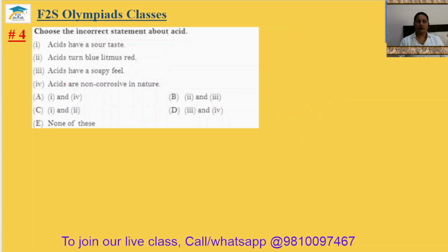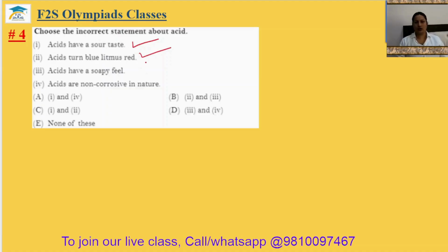Question number 4. Choose the incorrect statement about acid. Acid has a sour taste, correct? Acid turns blue litmus into red. So we have checked, yes. In the last question, we checked yes, blue litmus into red. Acid has a soapy feel. So the third one, acid has a soapy feel.